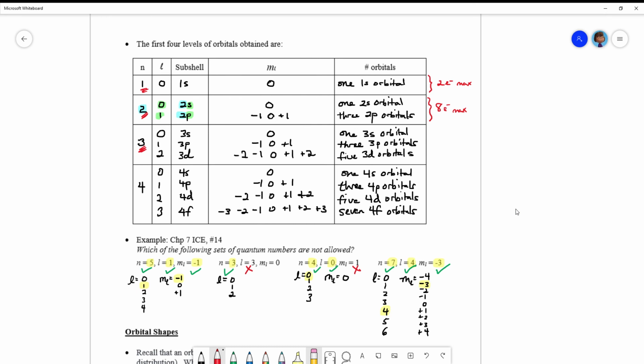Well, that's 9 orbitals. 9 orbitals times 2, that's 18 electrons maximum. In n equals 4, we have 1 4s, 3 4p, 5 4d, and 7 4f orbitals. That's 16 orbitals. 16 with 2 electrons apiece, 16 times 2 is 32 electrons max.